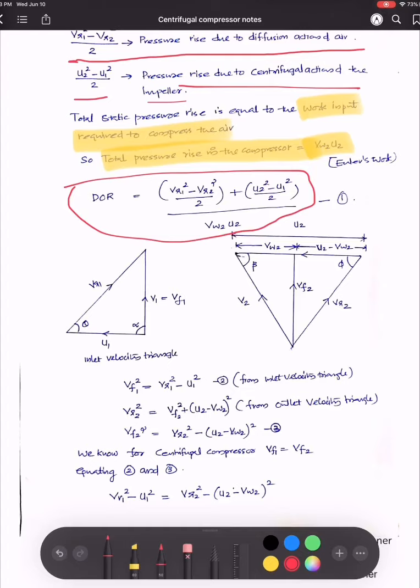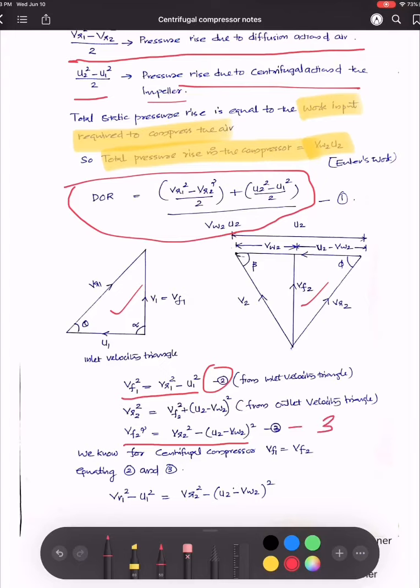So we have drawn the inlet triangle as well as the outlet velocity triangle. From the inlet velocity triangle, we will write VF1 square is equal to VR1 square minus U1 square. Keep that in mind. That is the second equation. And from the outlet velocity triangle, we will get VF2 square is equal to VR2 square minus (U2 minus VW2) the whole square.